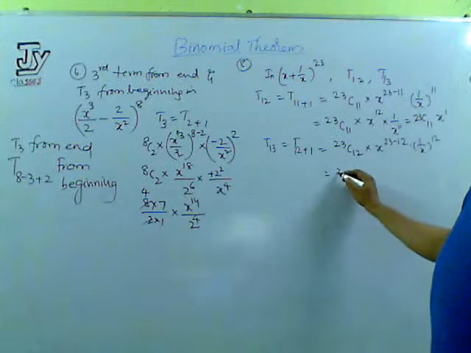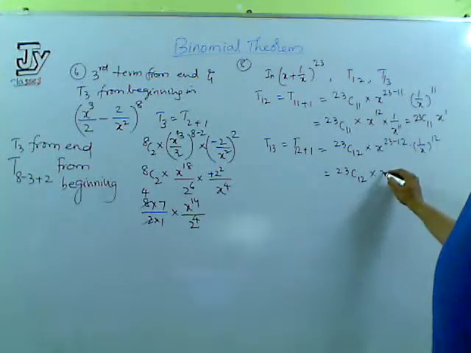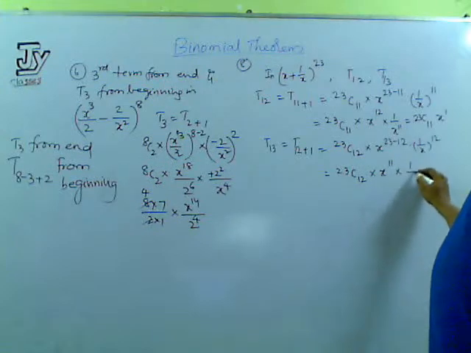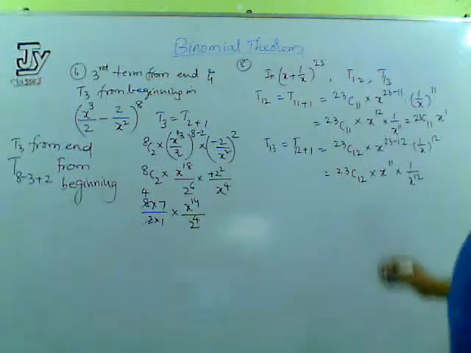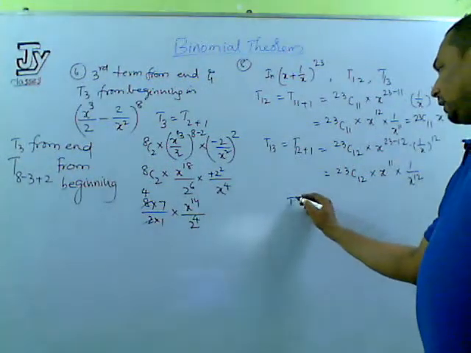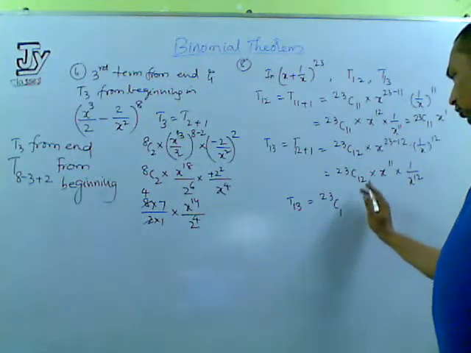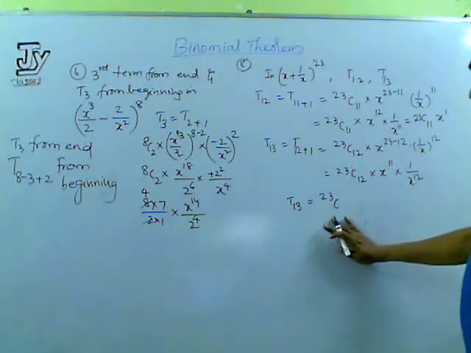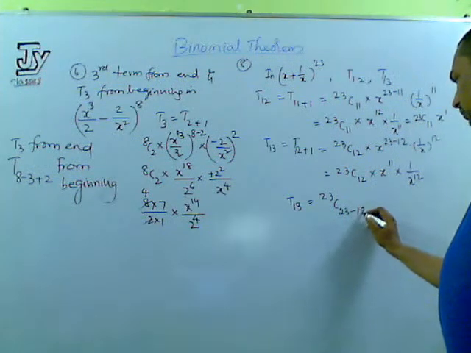So 23C12 into x^11 into 1/x^12. So here T13 is equal to 23C12, which can be written as 23C(23-12).